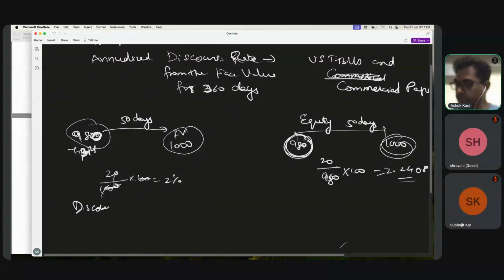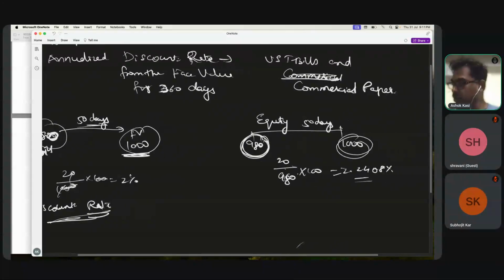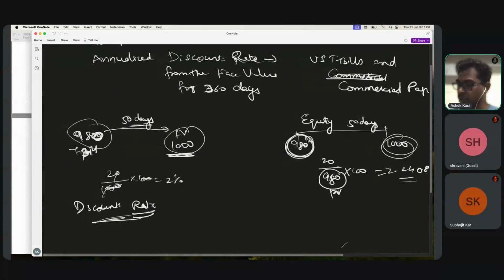Discount rate means it is calculated based on what? Based on the face value. I have not annualized yet. This is only for 50 days. We will see those sums. But here, this is calculated based on the present value, and in treasury bills, it is calculated based on the face value.